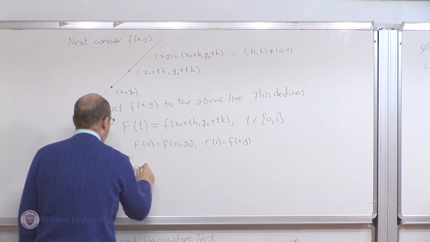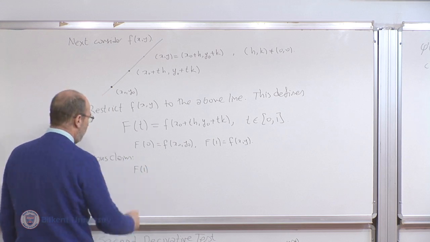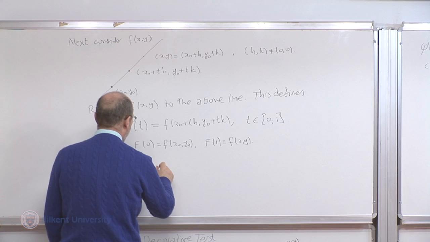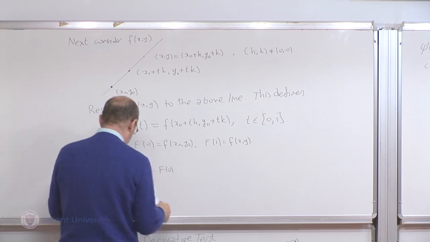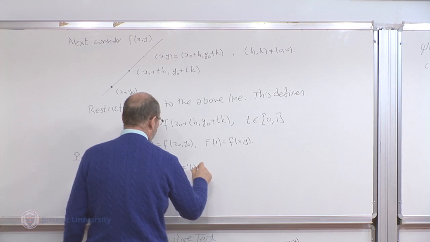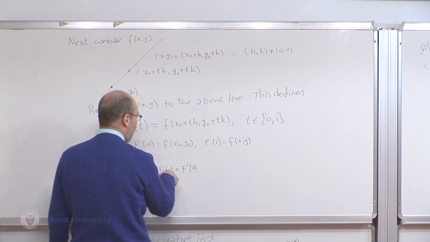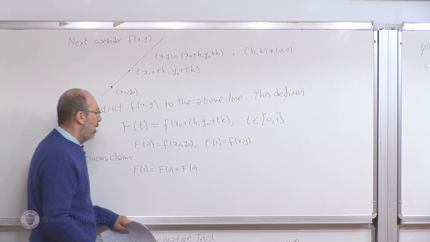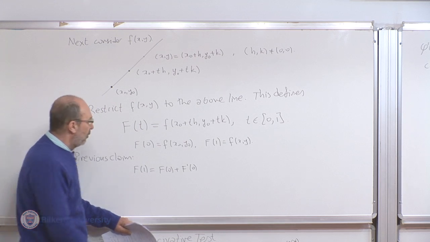So the value at f of 1 is equal to the value at f of 0, plus the derivative of this at 0 times 1 minus 0. You see how nicely things work.